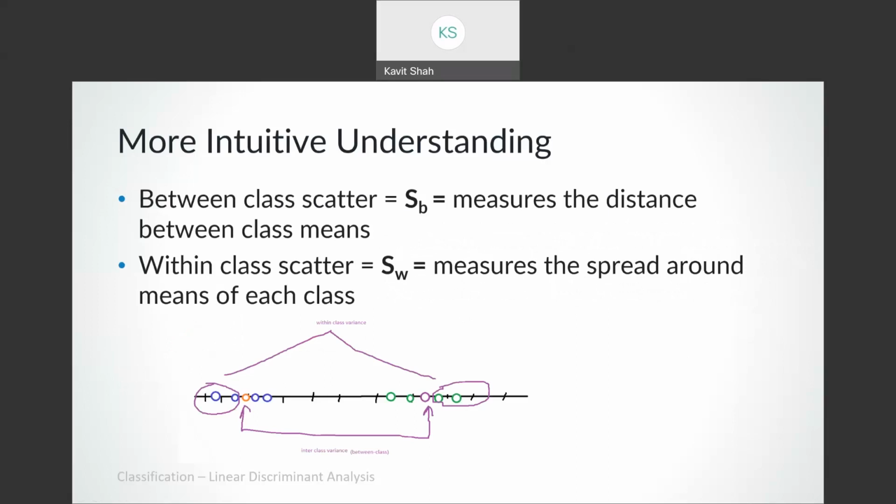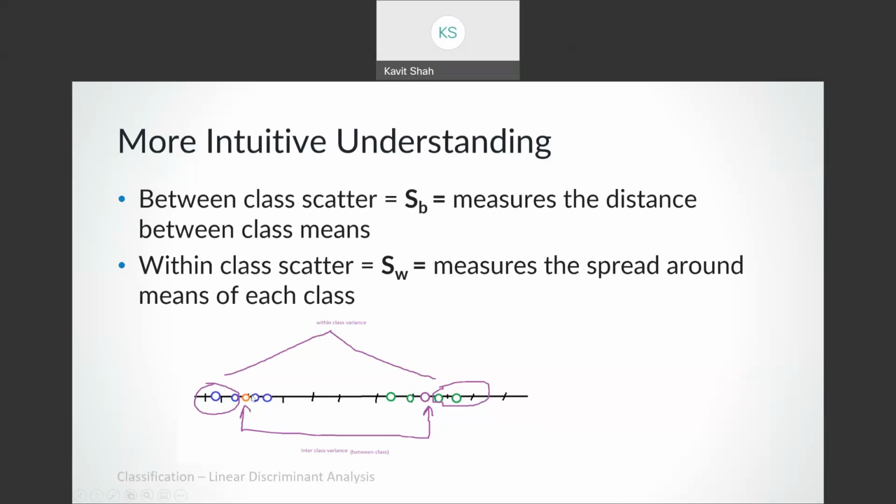If we are given D dimensions, then it would be a D by D matrix. It would be a positive semi-definite matrix, which shows the correlation between the data points in that particular class. We would be making use of two scatter matrices in the LDA method: one is SB, which shows the measure of the distance between the class means, and SW, which shows the measure of the spread around the means of each class.